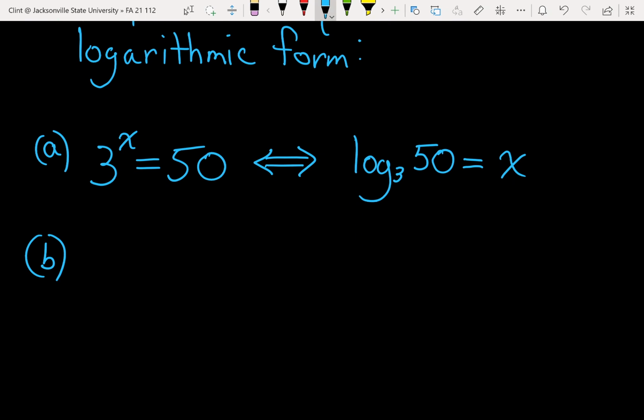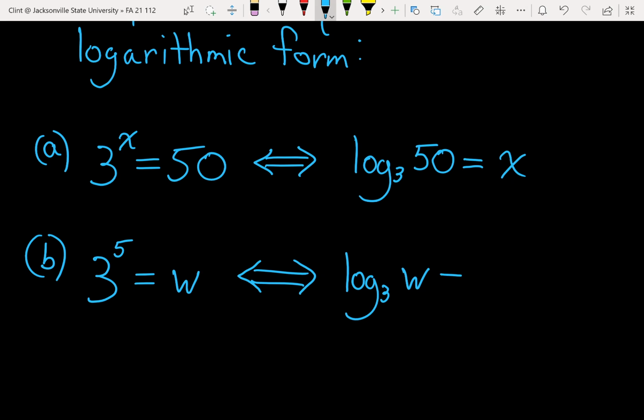And B part is 3 to the 5th power equals W. Again, we would have log base 3. So when you have one up there already, it makes it easier. Log base 3 of W equals 5.